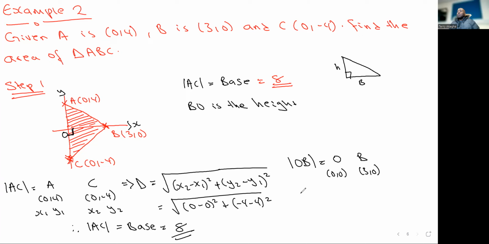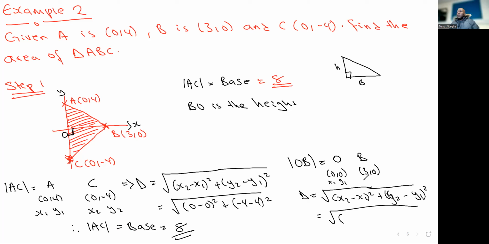We know the distance formula is the square root of (x2 minus x1) squared plus (y2 minus y1) squared. We call this x1, y1 and this x2, y2.